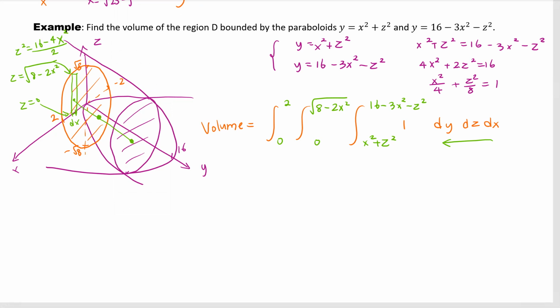Okay, and let's see. Or we can use the other order. It's better to have dy inside, since y is in terms of x and z. So let's keep dy inside, and now let's do dx, dz.